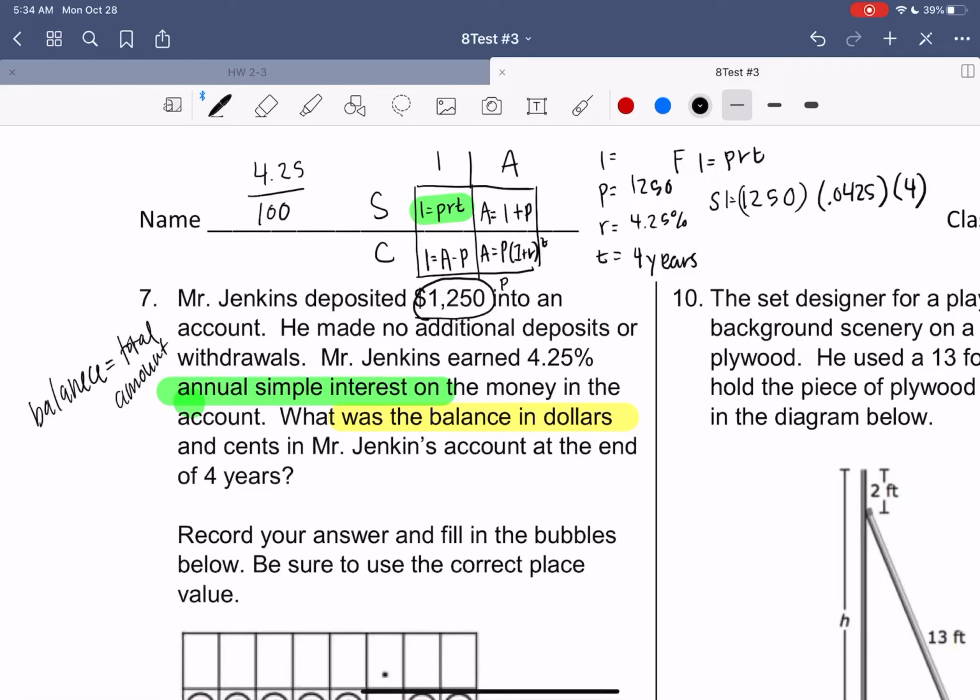So when we multiply all of these across, we're going to see I equals 212.50.